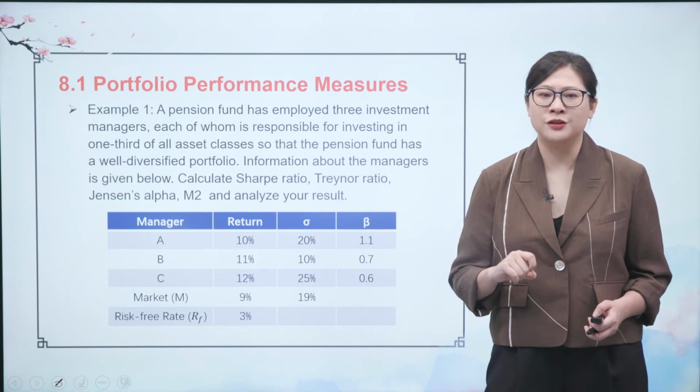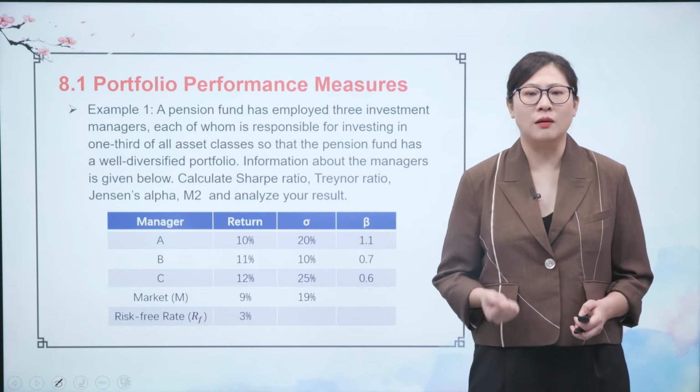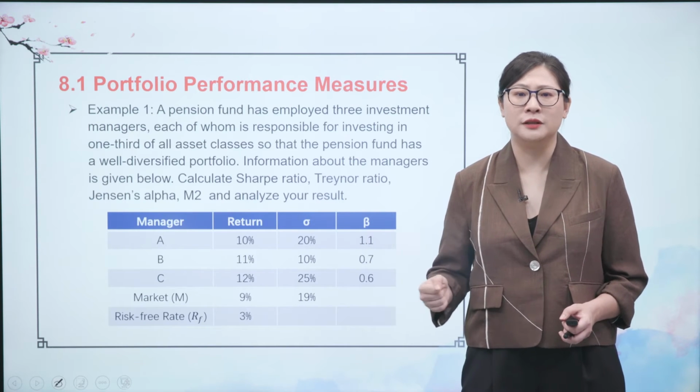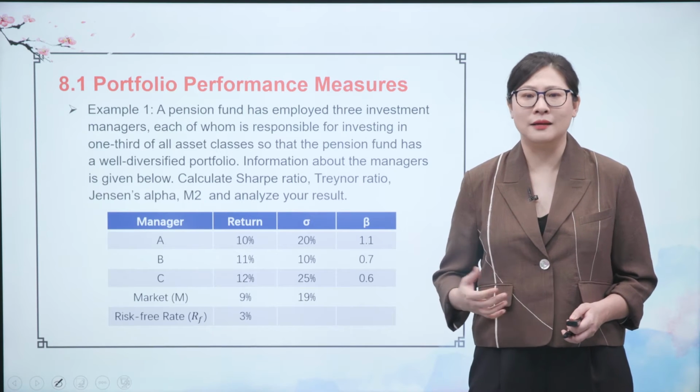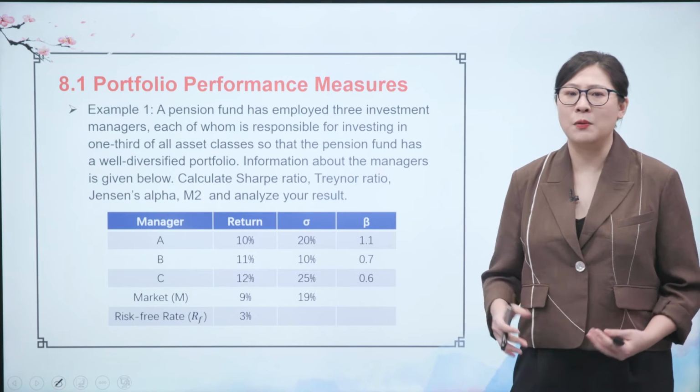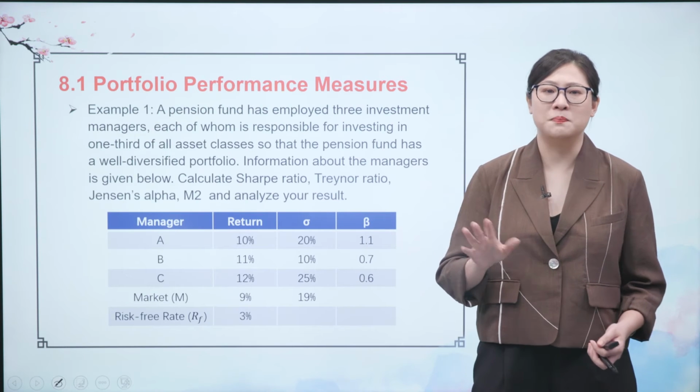Information about the managers is given below. Calculate the Sharpe ratio, Treynor ratio, Jensen's alpha, and M square, and analyze your result. Based on the following information, how can we calculate the different measures?